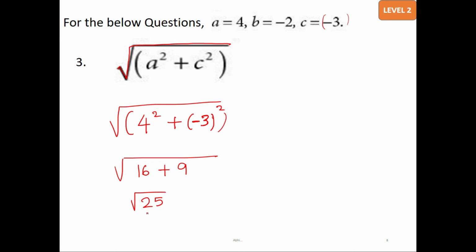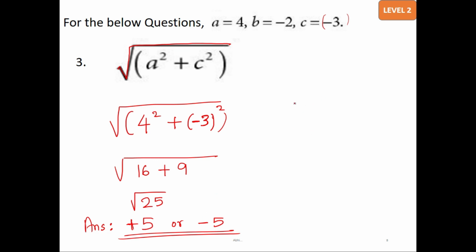Now always remember, when you take the square root of 25, you cannot just write the positive 5 as the answer. You should have two answers, which is plus 5 or minus 5. You have two answers for this question. Why is it so?